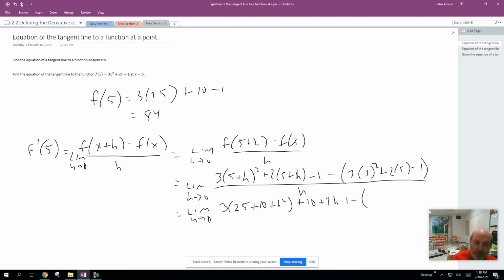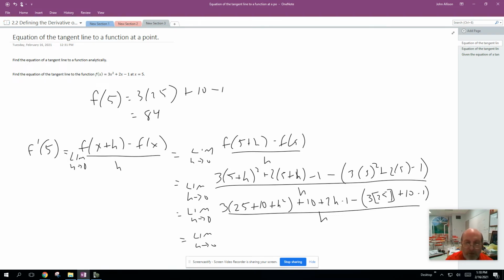And then minus 3 times 25 plus 10 minus 1, all over h. It's going to be the limit as h goes to 0.